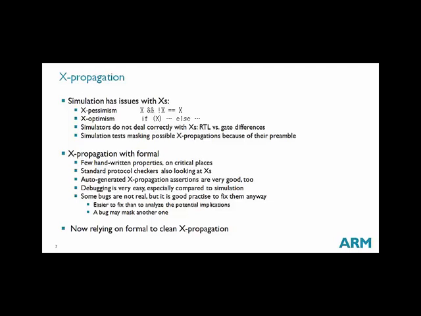But in most cases, the designer fixes the issue because we don't know, maybe the one we are seeing is not important, but if we fix it, maybe the same property will fail again, and that will be a real bug. So at the end, we want to be completely clean on X-propagation and have zero failures.